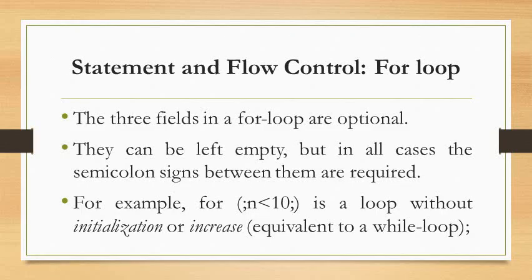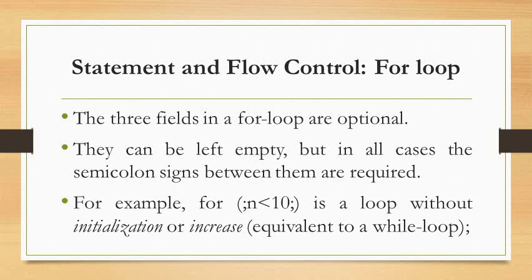Wow. Next one, under for loop: the three fields in a for loop are optional. They can be left empty, but in all cases, the semicolon signs between them are required. For example, if you look at this one, for semicolon n less than 10 semicolon is a loop without initialization or increase, equivalent to a while loop.